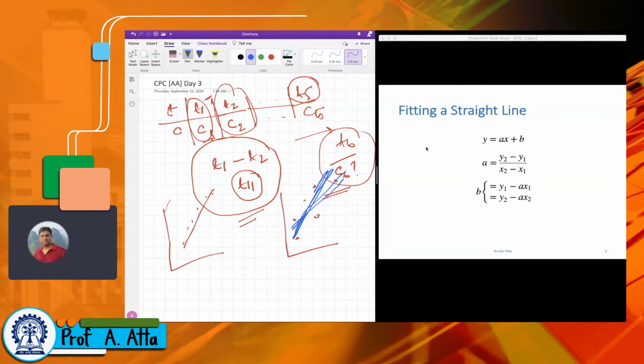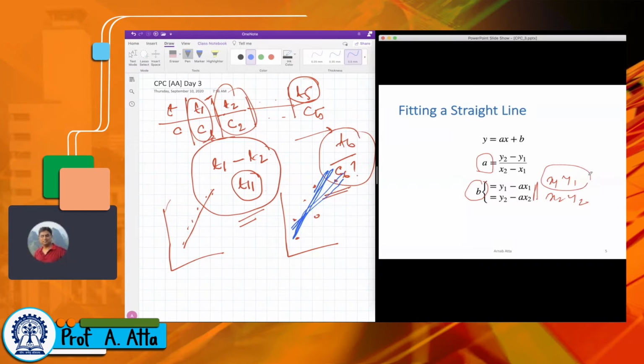But once you have that, you can find out your slope, which is a, and after you get your slope, you can find out by any of the points what the value of b is. Once we have this, you can calculate a and b by any of these expressions, using either x1 y1 or x2 y2.